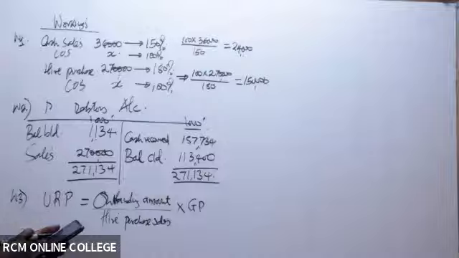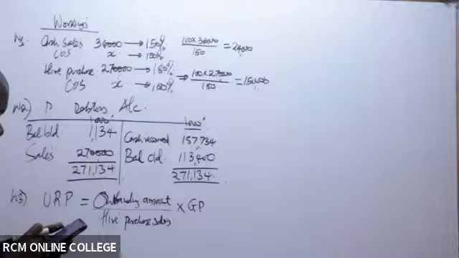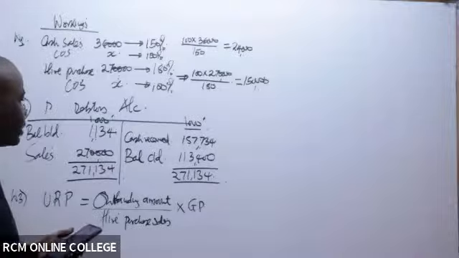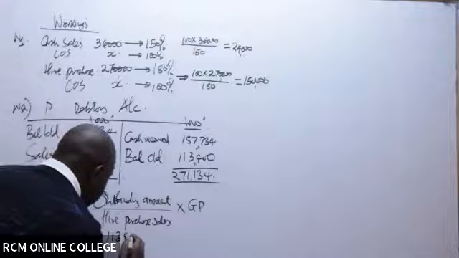So the amount outstanding there by the end of the year is 113,400.